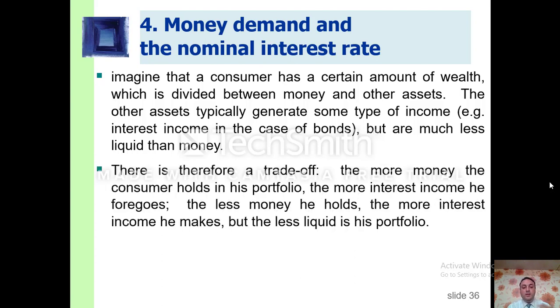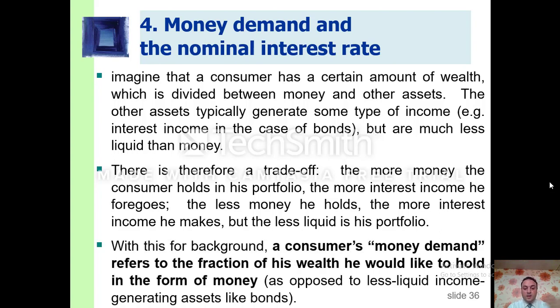So there is therefore a trade-off. The more money the consumer holds in his portfolio, the more income he forgoes, and the less money he holds, the more interest income he makes, but the less liquid is his portfolio. So there is a trade-off.